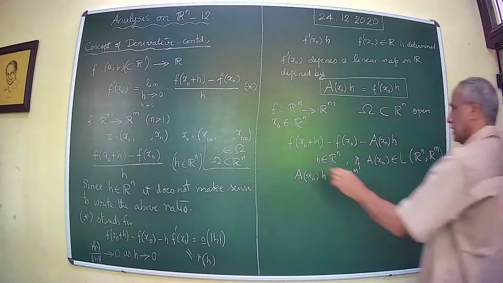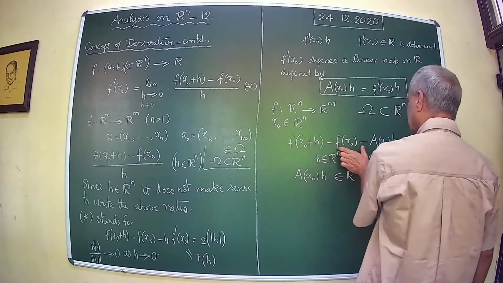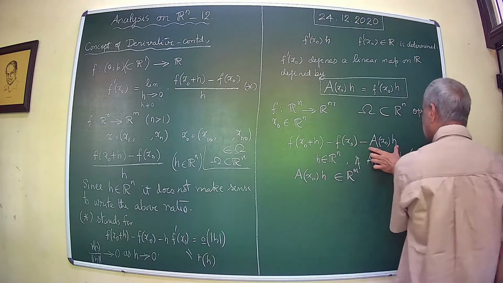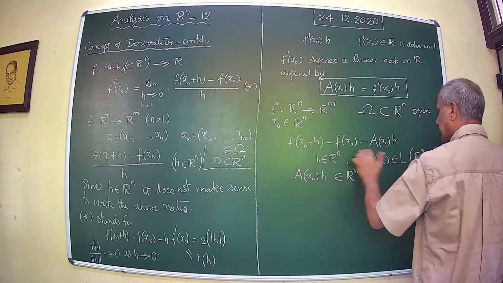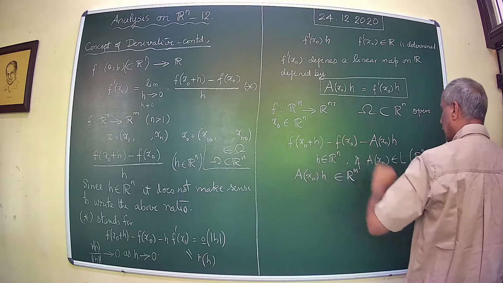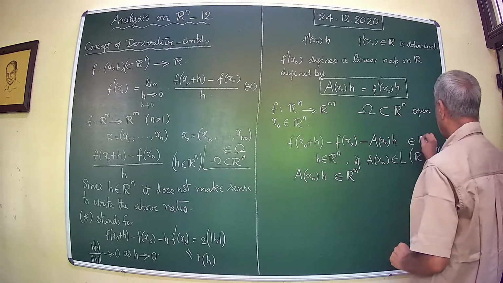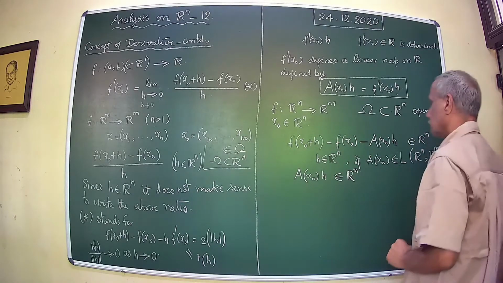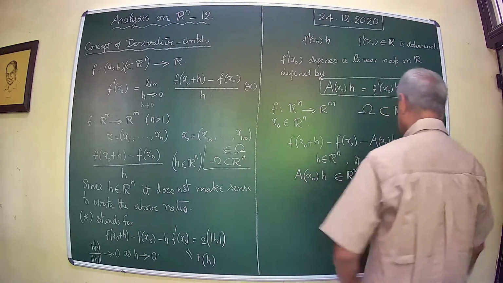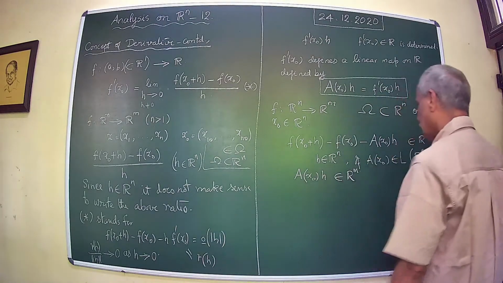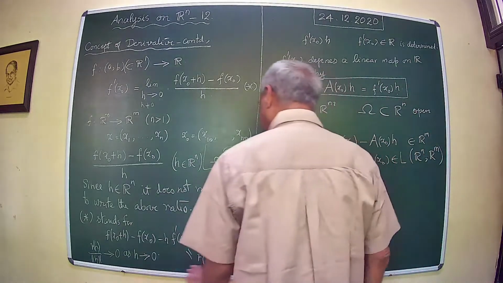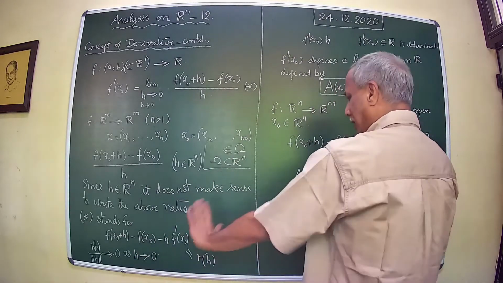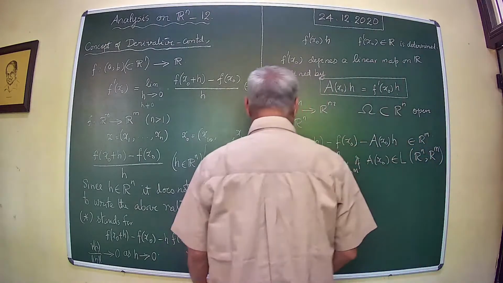So you see that this is in Rm, this is in Rm, therefore this expression that you have written here belongs to Rm with this choice. Okay? Right? Now what do you ask for? Formally this is what you would ask for.